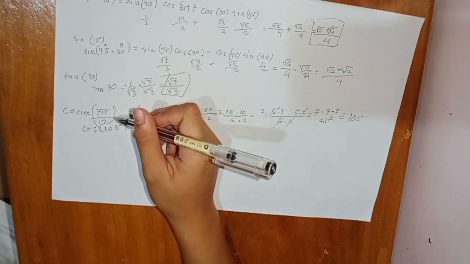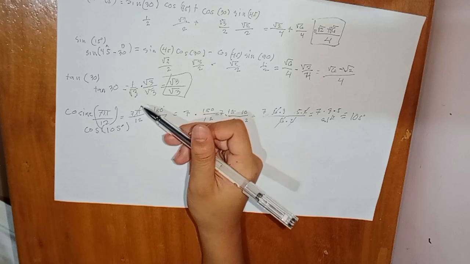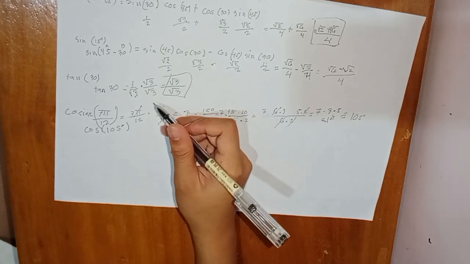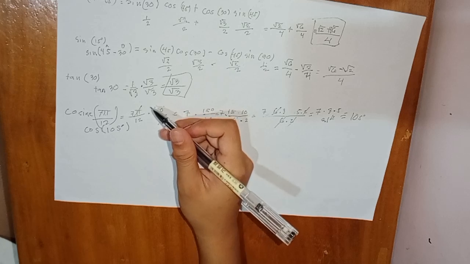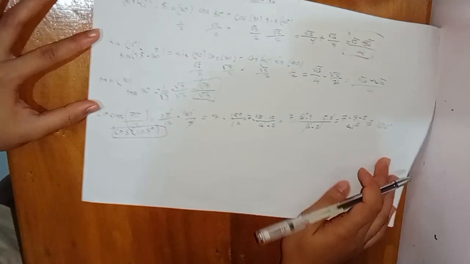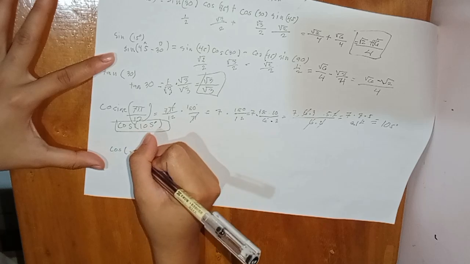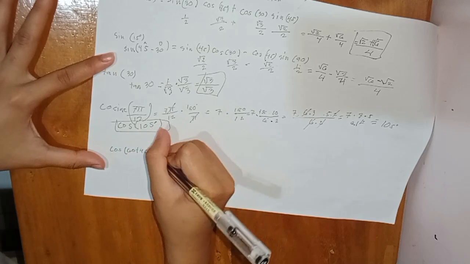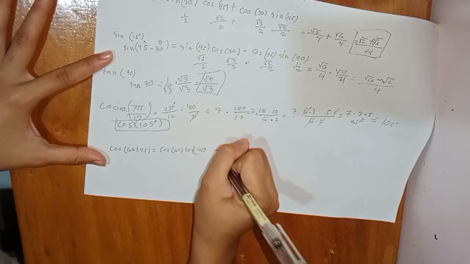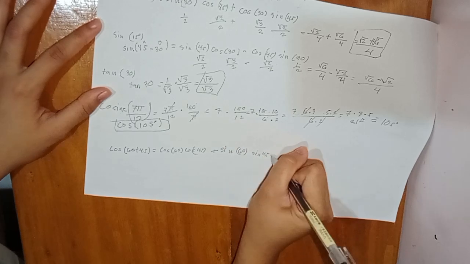The common angle that we use is 60 plus 45, so we need to use the formula: cosine of A plus B is equal to cos A cos B minus sine A sine B. So here's the example using the cosine function: cosine of 60 plus 45 is equal to cosine 60 degrees times cosine 45 degrees minus sine 60 degrees times sine 45 degrees.